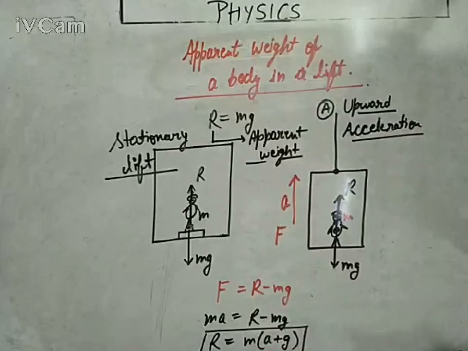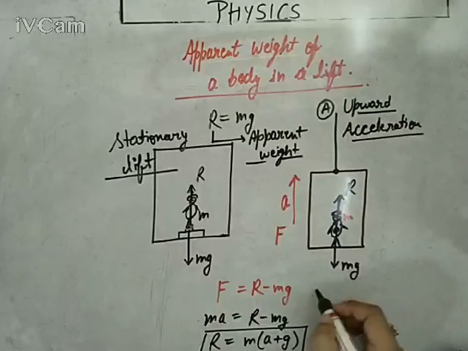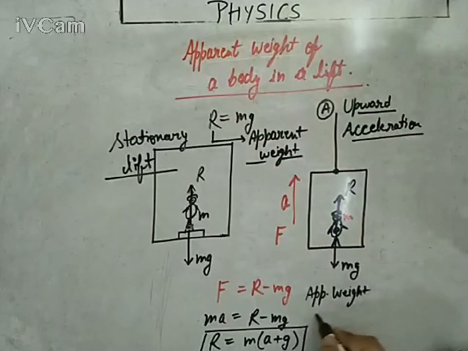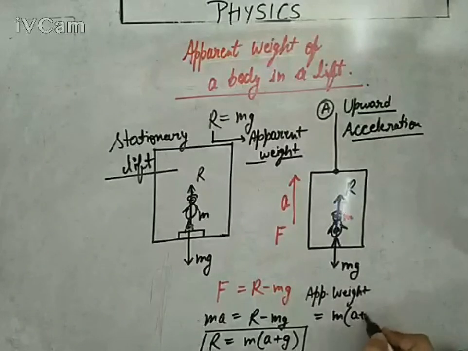This is the total reaction acting on the person, and that reaction is responsible for the apparent weight experienced by the person. So the apparent weight of the person in this situation would be m(a plus g), which is actually greater than mg.